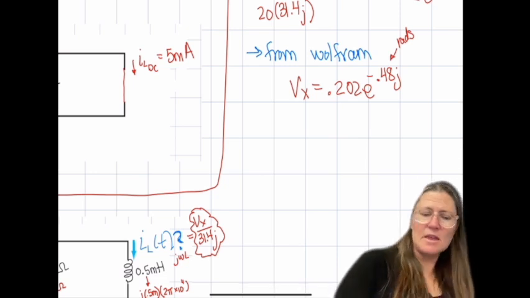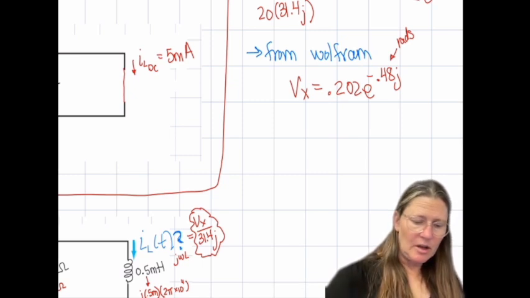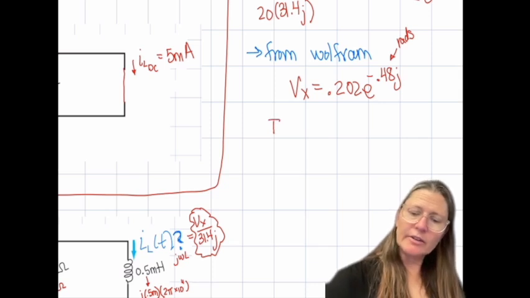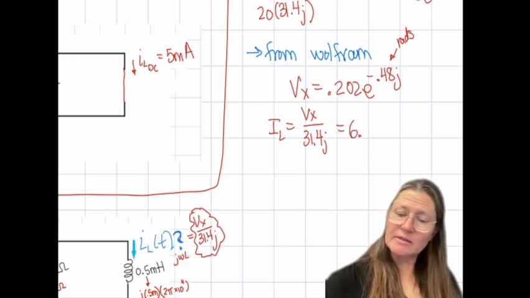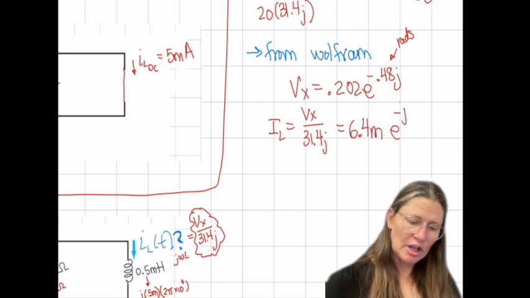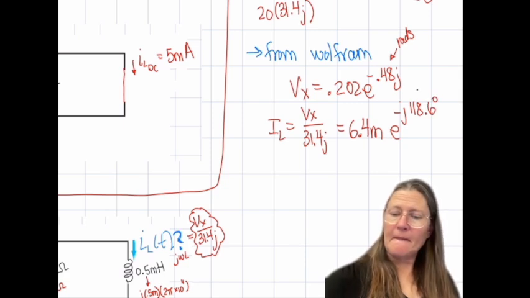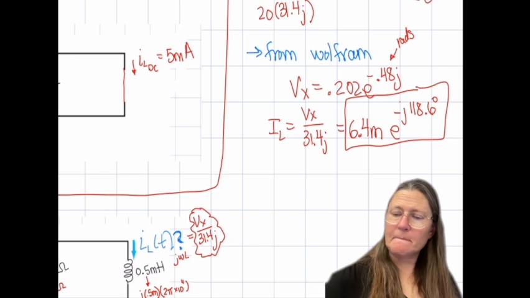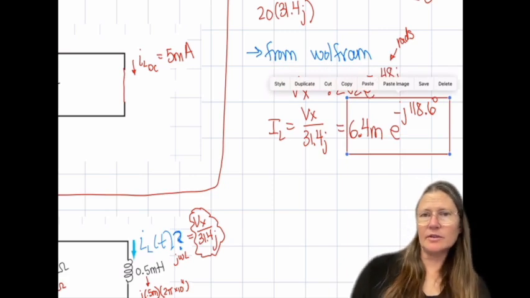And then from here, IL is going to be Vx over 31.4j, which ends up being 6.4 milli e to the minus j, and as I said, I like degrees, so I'm putting this back into degrees. So this would be my answer in phasor in the frequency domain.